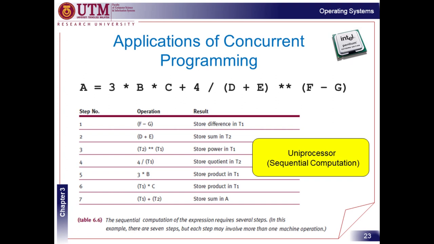However, if we have multiple processors, we can use concurrent programming to divide the expression into smaller sub-expressions and assign them to different processors. In this way, we can perform some operations in parallel, which means at the same time, and reduce the number of steps and variables needed.